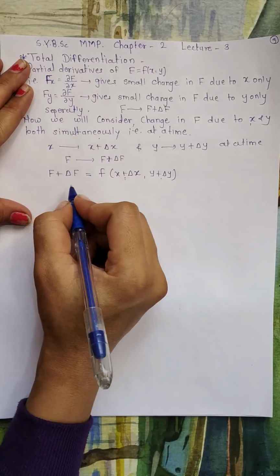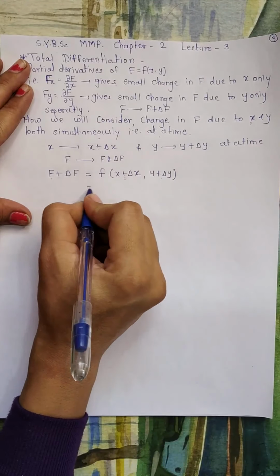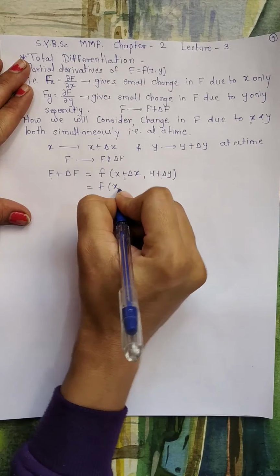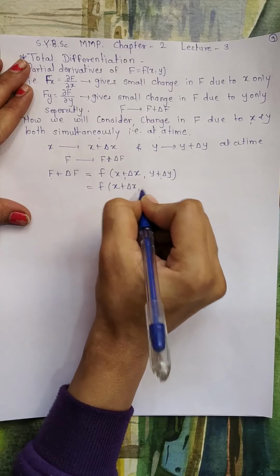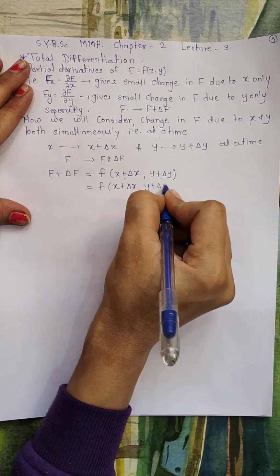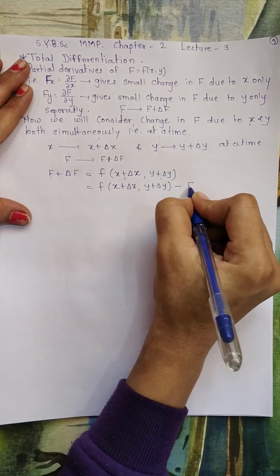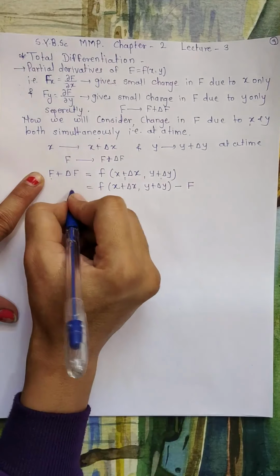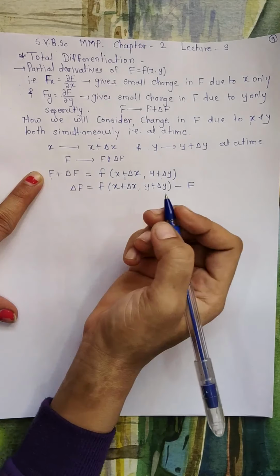Now if we take this f to the RHS, we get f of x plus delta x, y plus delta y, minus this capital F, which is equal to delta f.